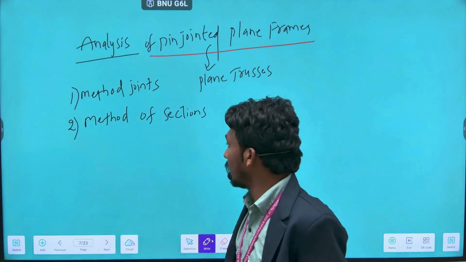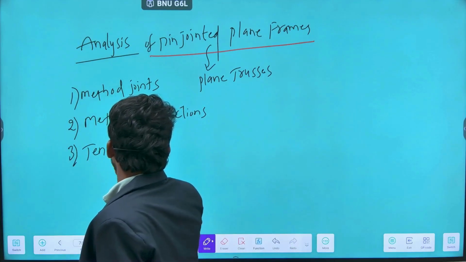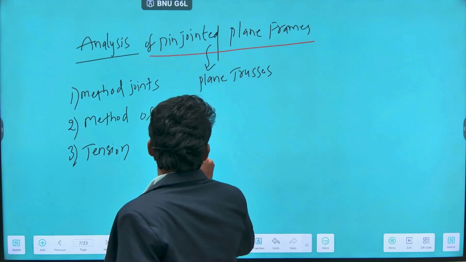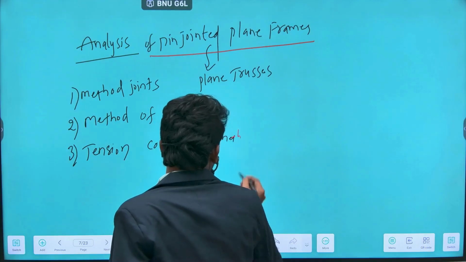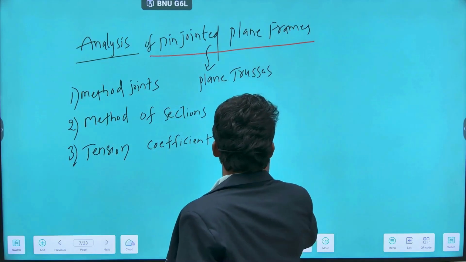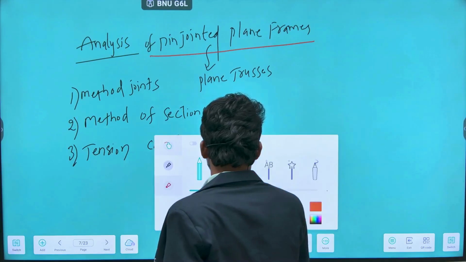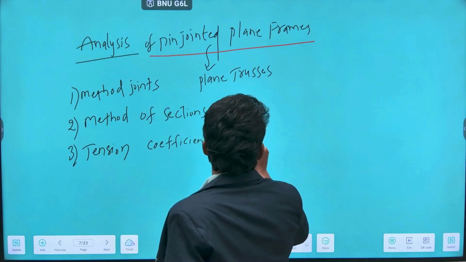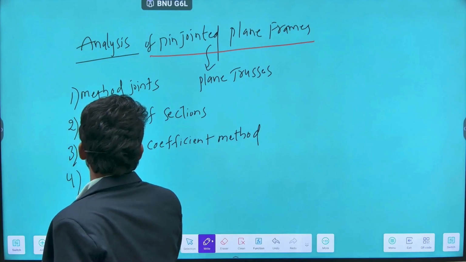In addition to these, we have another method called tension coefficient method, and the other is a graphical method.